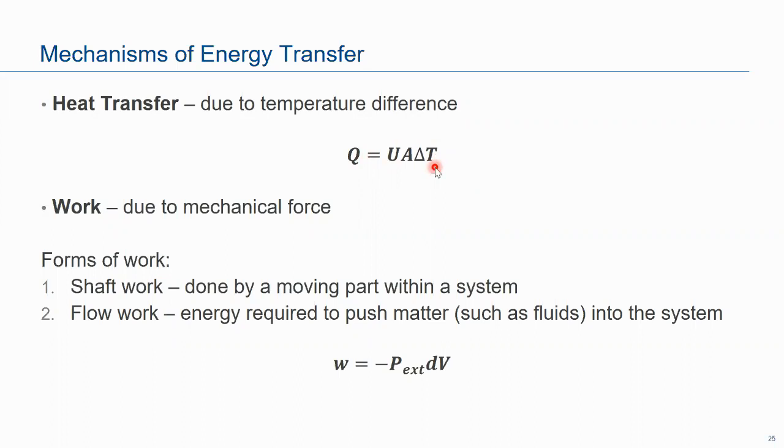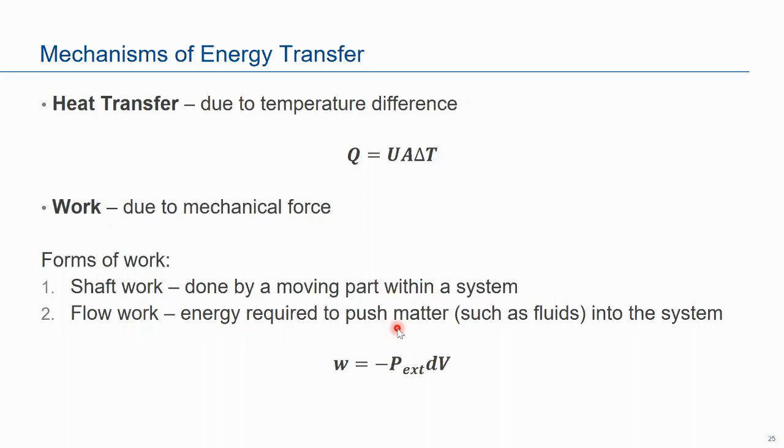Now, the second mechanism of energy transfer is called work. Na we a little bit introduced it kanina. And work is basically energy transfer due to mechanical force. So there are different forms of work. Merong shaft work, which is done by a moving part within a system, like a motor or some kind of an electronic device, etc. And you have flow work, which is energy required to push matter, such as fluids, into the system.